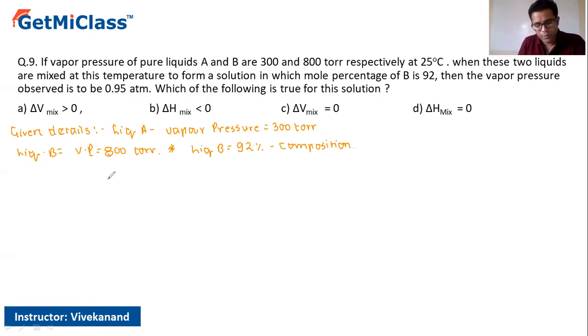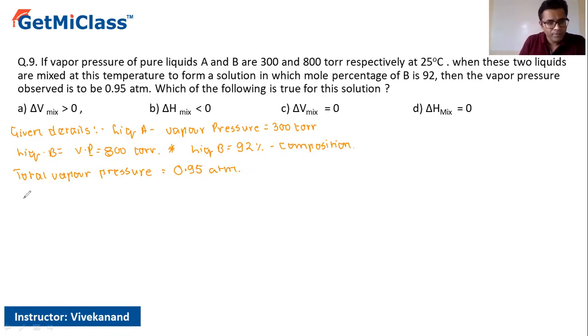Now, let's go with one more point further. Total vapor pressure. What they have already given us is the vapor pressure observed to be equal to 0.95 atmospheres. Right.